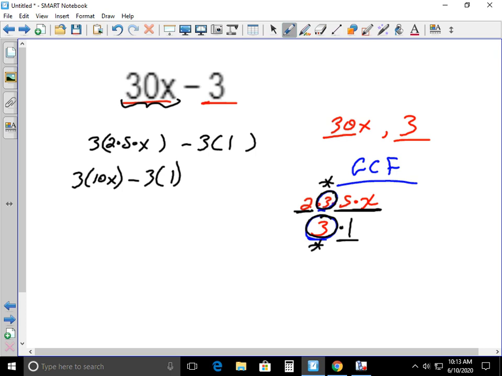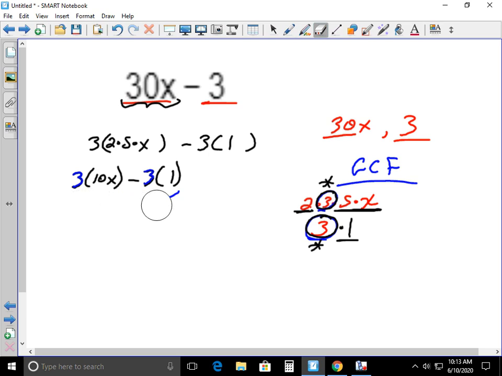So we rewrote each term as the common factor times something else. We can check, does that product make 30x? And it does. Does that product make 3? And yes, it does.